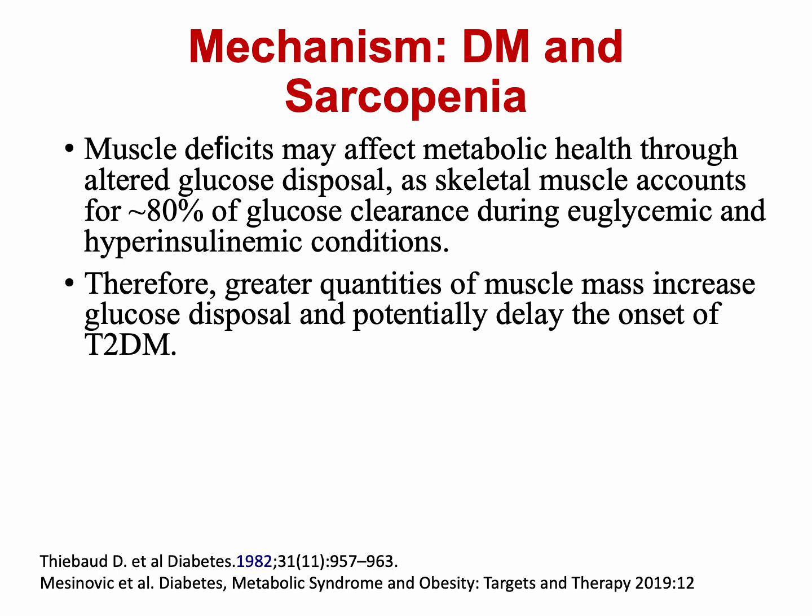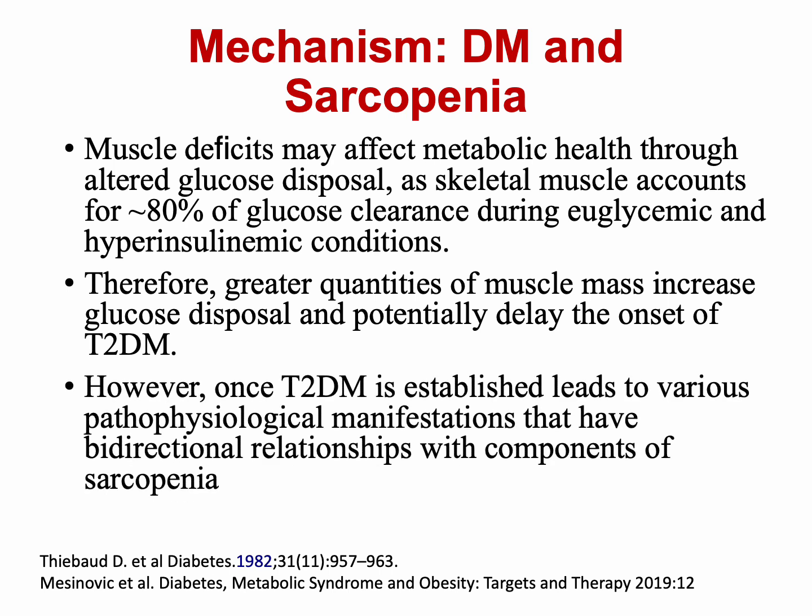Therefore, greater quantities of muscle mass increase glucose disposal and potentially delay the onset of type 2 DM. However, once type 2 DM is established, this leads to various pathophysiologic manifestations that have a bidirectional relationship with components of sarcopenia.